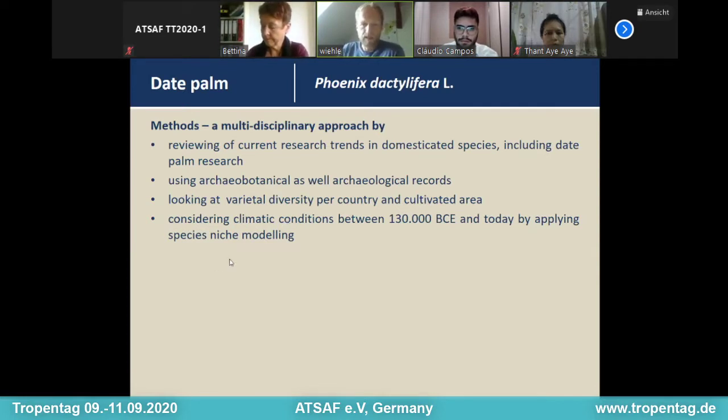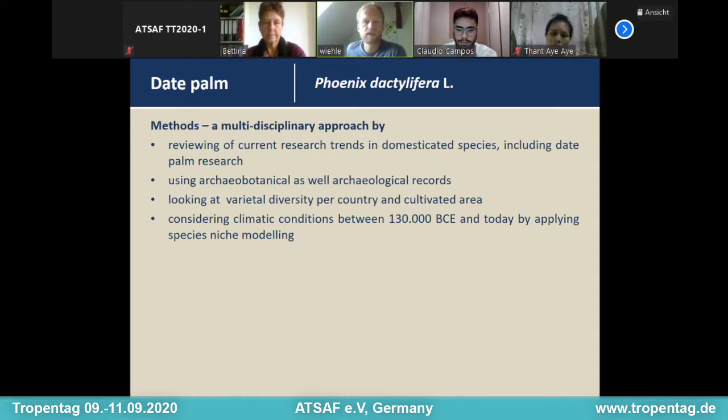What we did in this study is a multidisciplinary approach by reviewing current trends in date palm research. We use archaeobotanical records, such as phytoliths or pollen analysis, as well as archaeological records, such as cave paintings and reliefs from historical buildings, to unravel date palm's ancient occurrence and use over space and time.